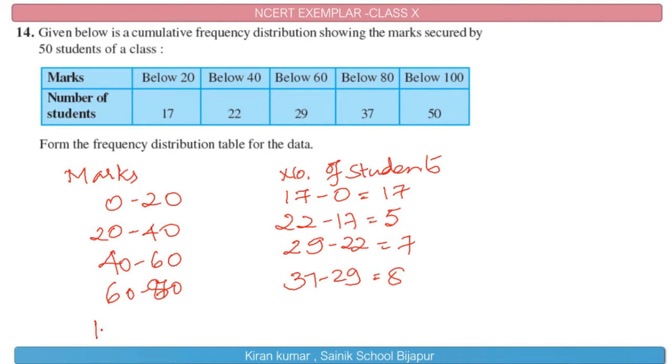Next is from 80 to 100, this is 50 minus 37, which is 13. So this is a frequency table for the given cumulative frequency table.